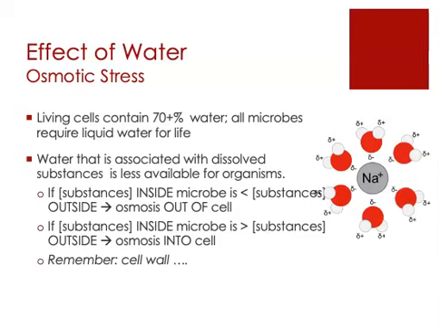Now, we've talked in here before about the fact that microbial cells are very susceptible to the effects of osmosis. I have a reminder down here on the slide of the fact that osmosis can cause water to rush into a cell or rush out of a cell, and it can actually have deadly consequences to a cell.